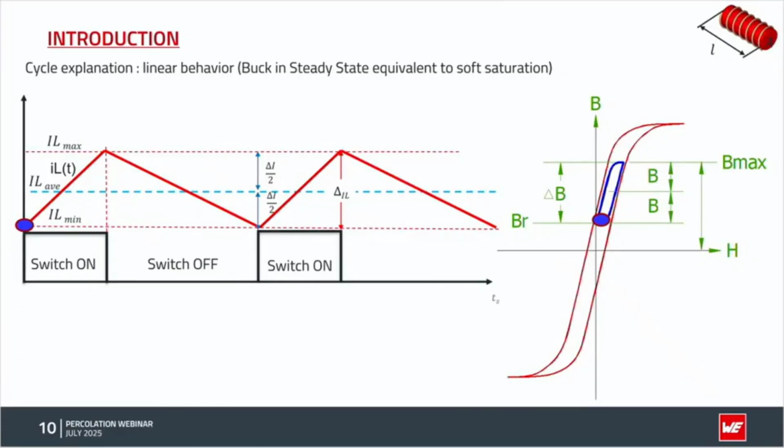But why is it not really a problem of saturation? That was one of the questions from a customer who really knows about this topic. Let's see this simulation. That is the ripple current going through the BH curve. If you stay in the linear part of the curve, you don't expect a change in the ripple current.